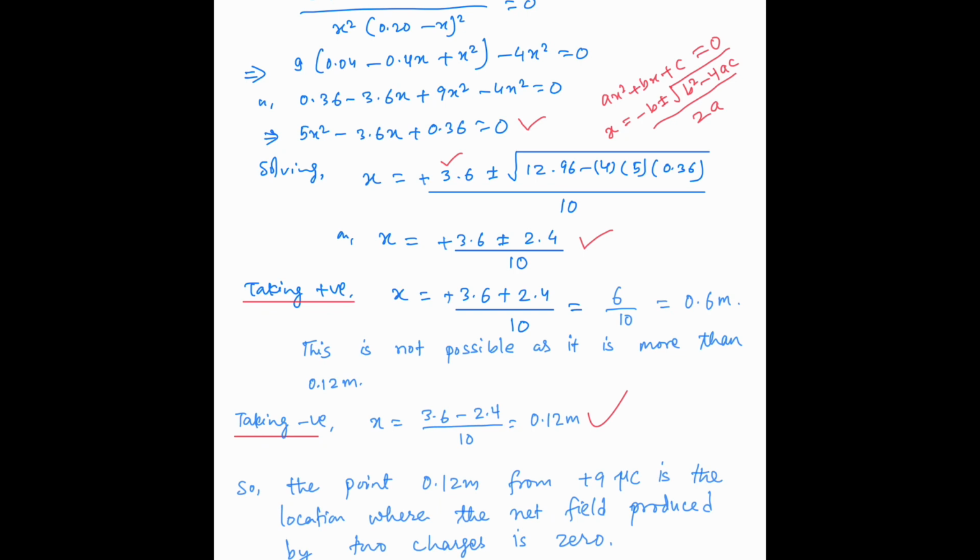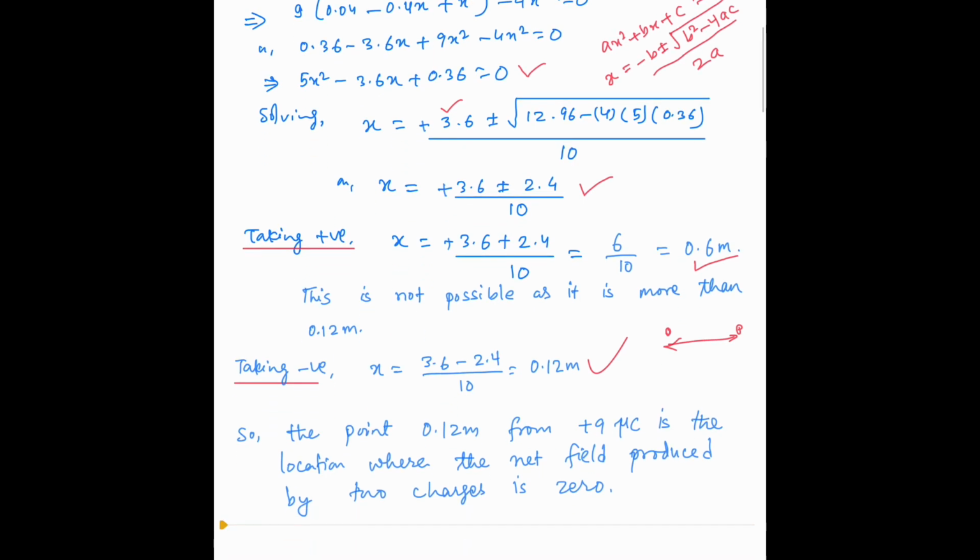If we choose the positive value, you will get 0.6 meter, which is not possible, as this distance is more than the distance between the two charged particles, so this value is discarded. When you take the negative value of 2.4, you will get the value 0.12 meter.